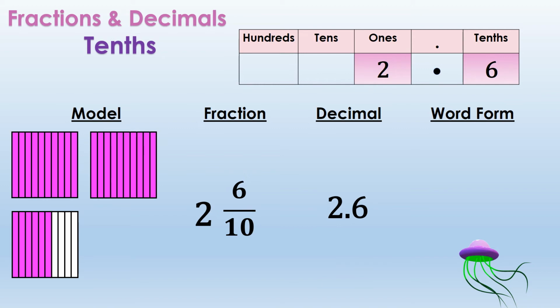Bada bing, bada boom. When I read this decimal, I read it 2, and where that period is, or that decimal point, I read it 2 and 6 tenths. Oh my gosh, I can't believe it. I can see in my model 2 wholes shaded in. I have 2 wholes or 2 ones.